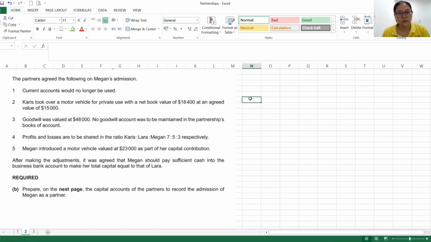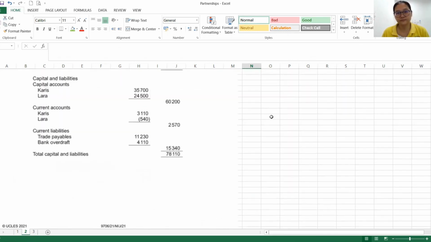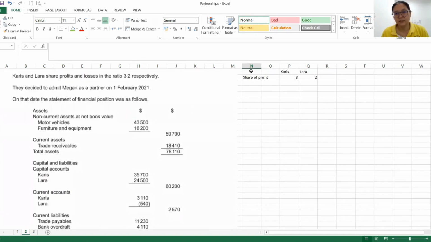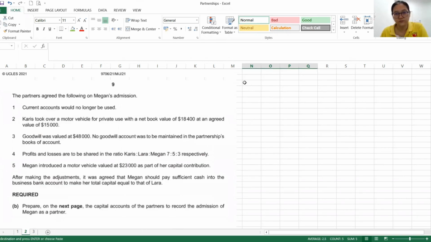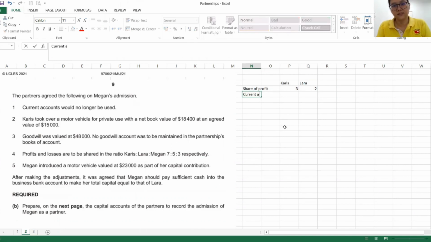So let's look into number 2 first. Let me copy it down here, easier for us. What is the current account at the moment?